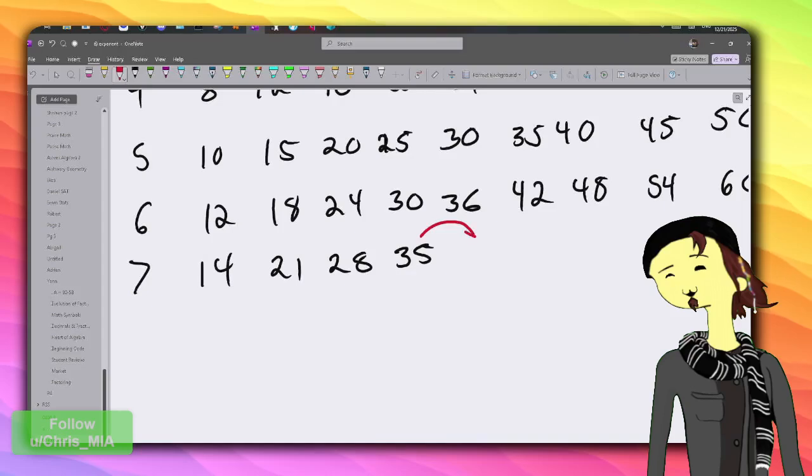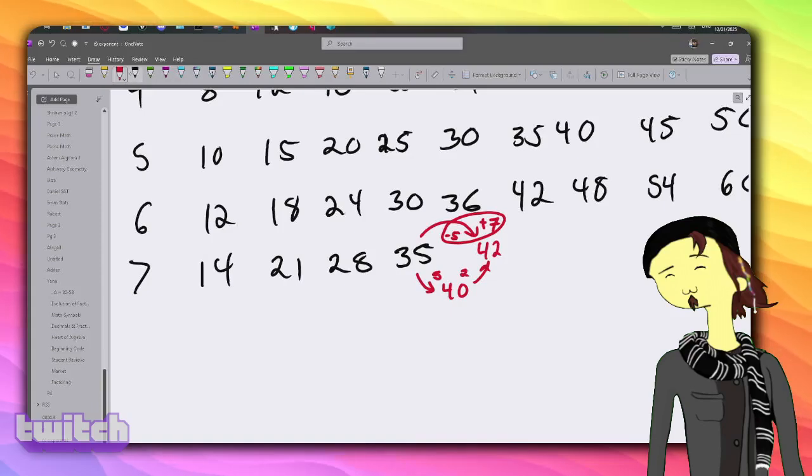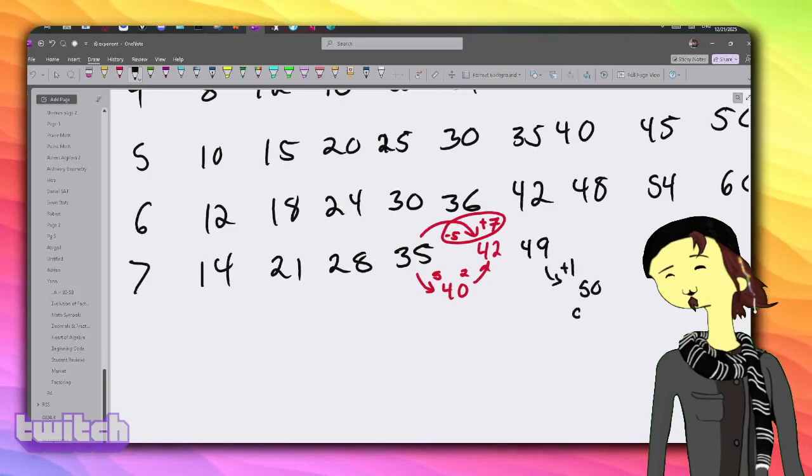If we need to add a 7 to the next value, what I can do is add the 5 to get to 40, and then 5 plus what is 7, or take the 5 we just added and subtract it from the 7, and then you will get 2 left, bam, 42. So there is a small shortcut that can help you just get to the next checkpoint.